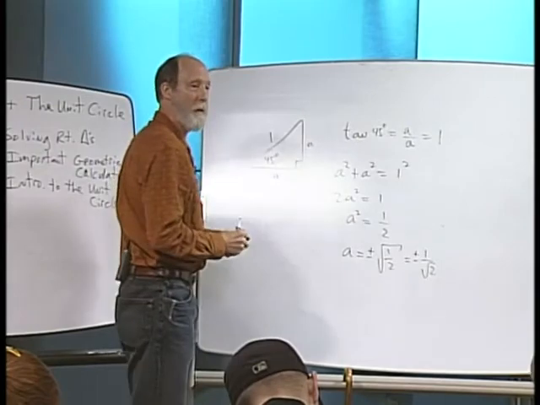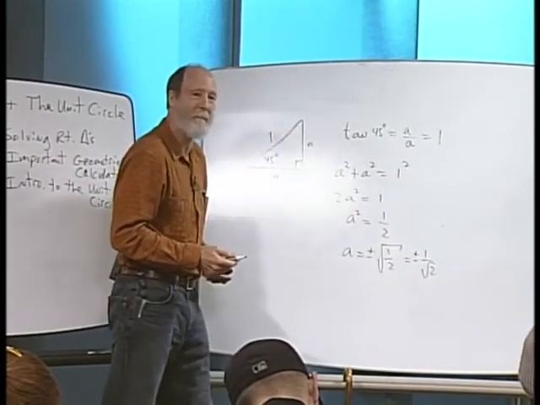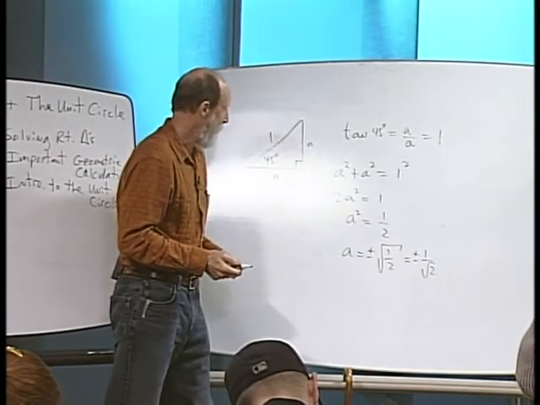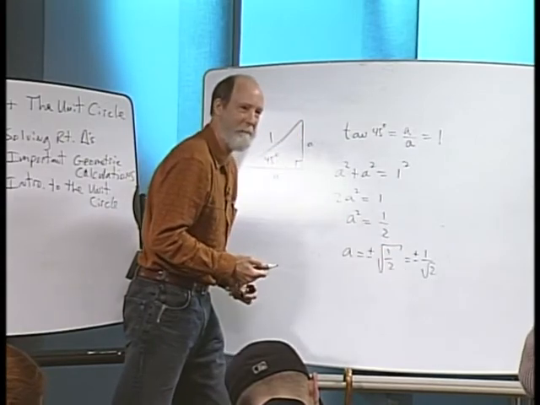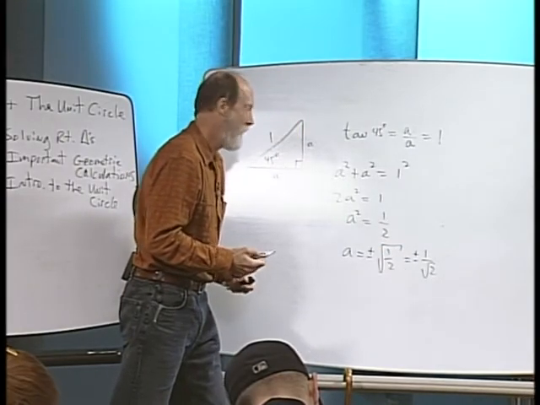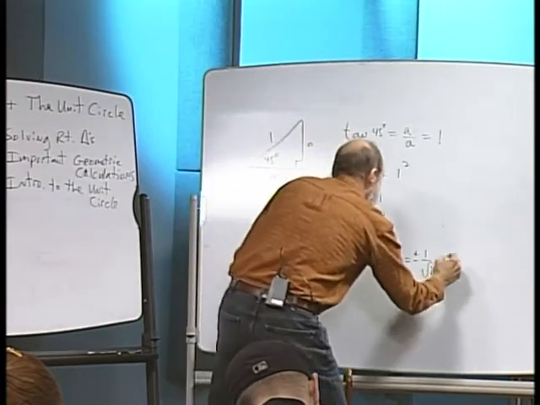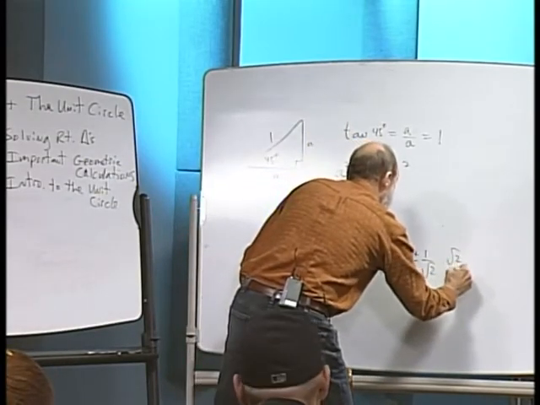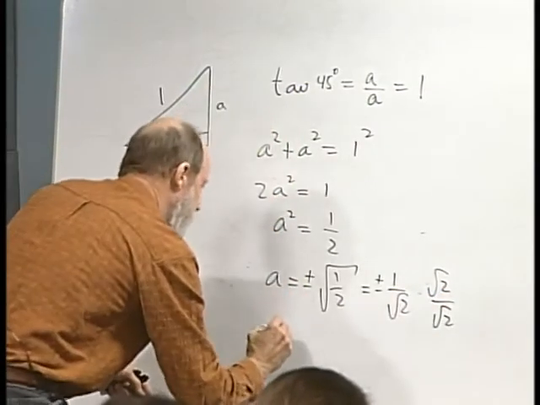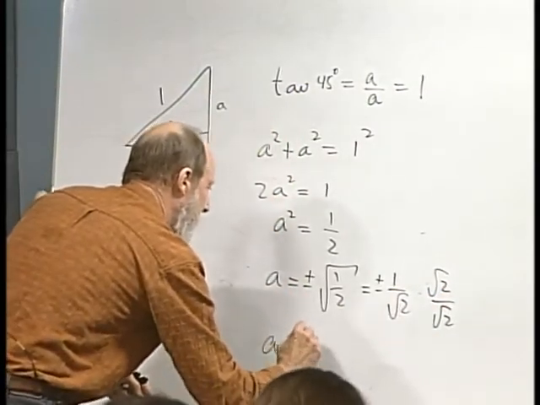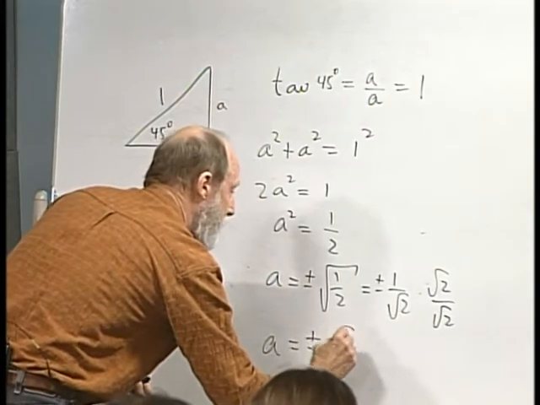Right? Do we leave it that way? No. What we do is we rationalize the denominator like we did previously. So we're now going to multiply top and bottom by square root of 2, numerator and denominator, and we end up with plus or minus square root of 2 over 2.